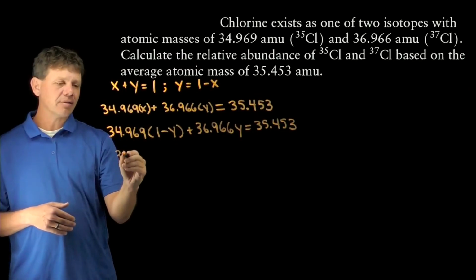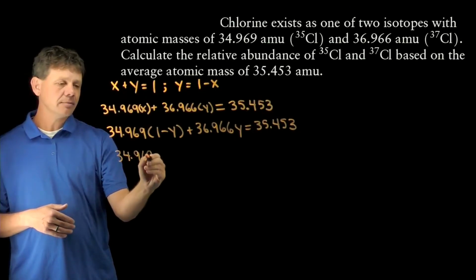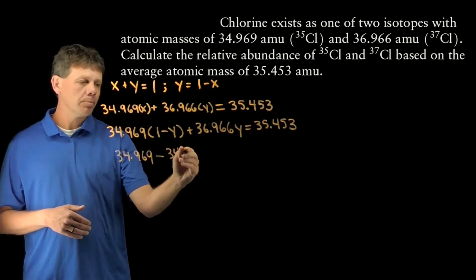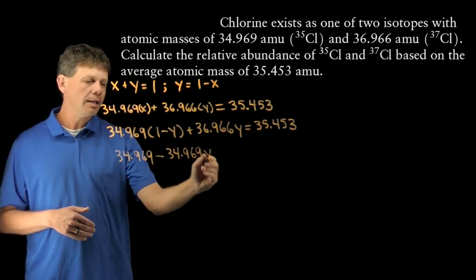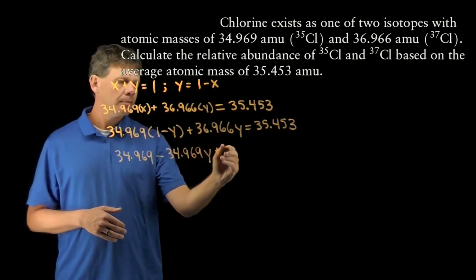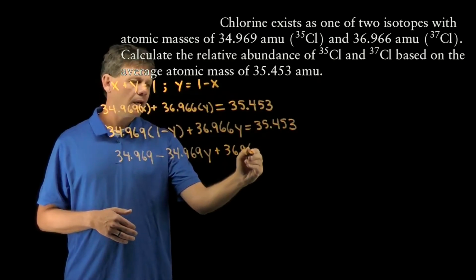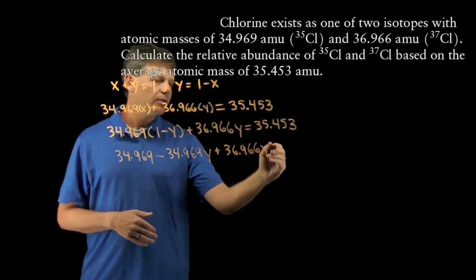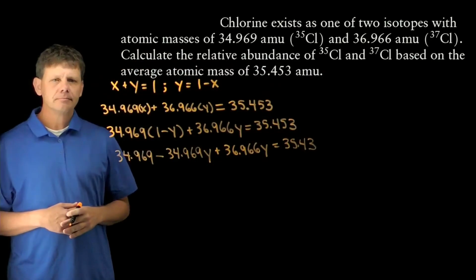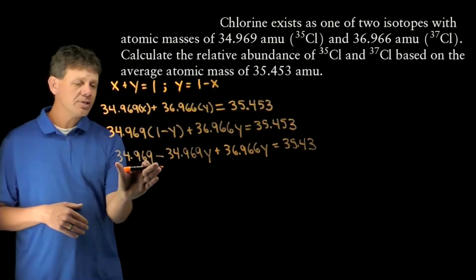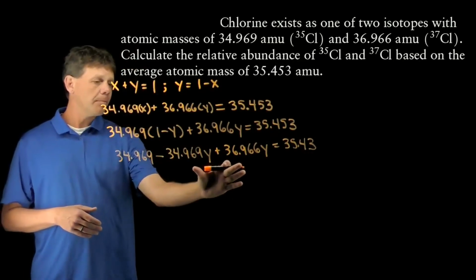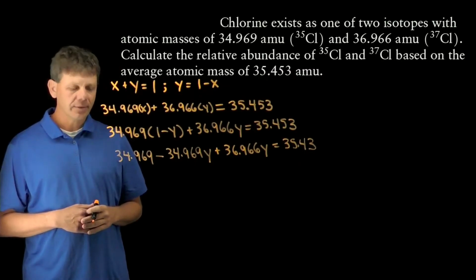We'll do that, making it 34.969 times 1 gives that, minus 34.969y, 34.969 times y, plus 36.966y, still equals 35.453. We can now rearrange the equation, subtracting 34.969 from both sides and combining these two y terms.